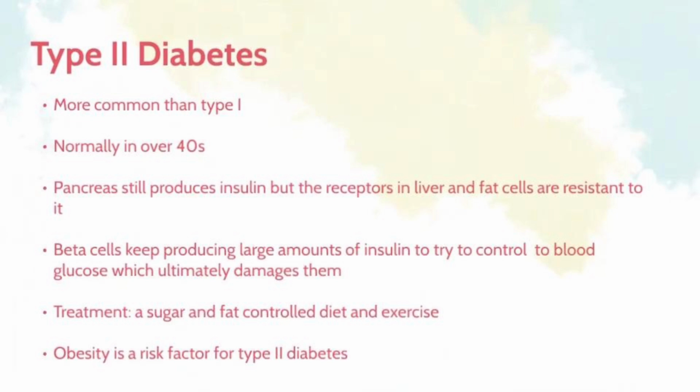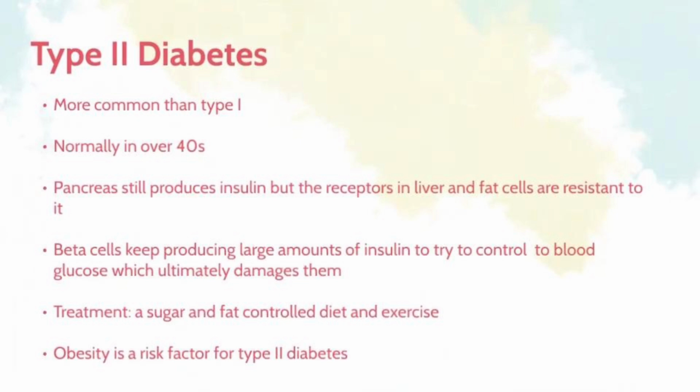The difference between type 1 and type 2 diabetes is the islets of Langerhans, so the beta cells. In type 1 diabetes, we said that the beta cells are destroyed, but in type 2 diabetes, the pancreas does still produce insulin, but the receptors on the cells in our body are reduced or don't respond as well to it as before.